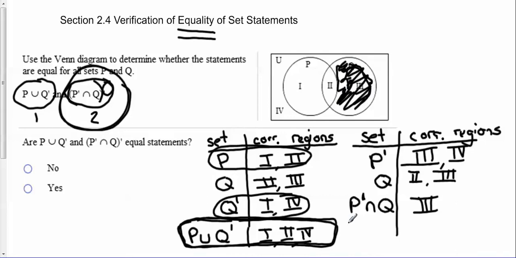And then lastly, on the outside of that parentheses was the complement. So we have to take the complement of what we just had. We had region 3, so the complement of that would be all the regions outside of 3, or that are not 3, which would be 1, 2, and 4.